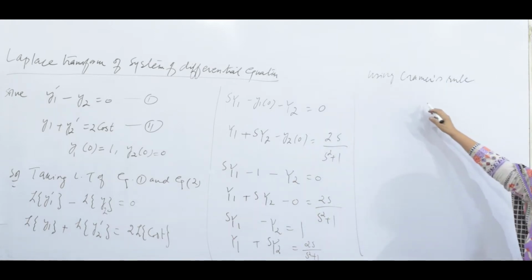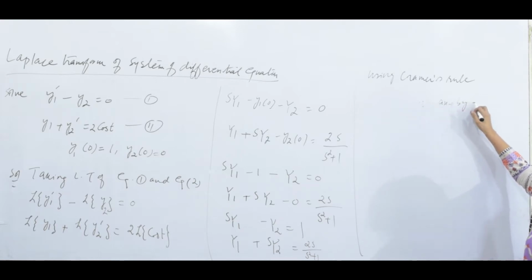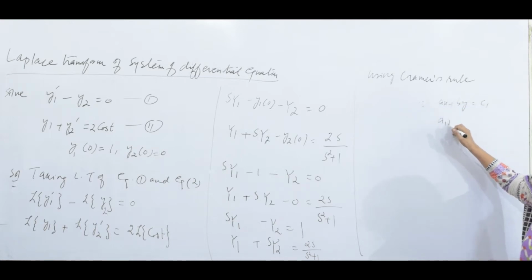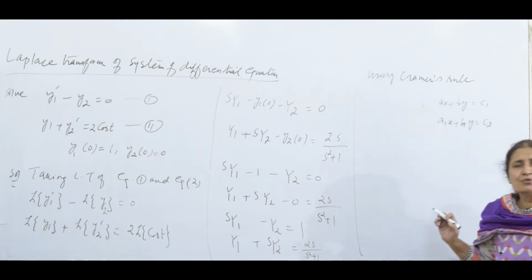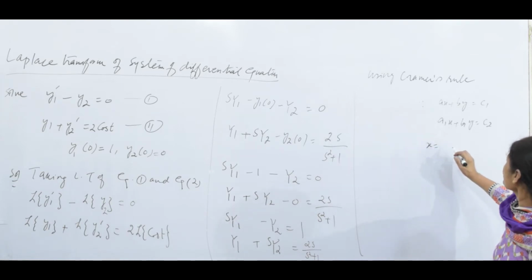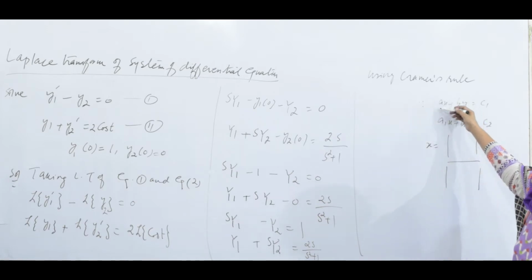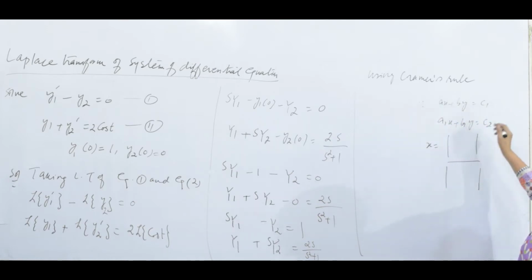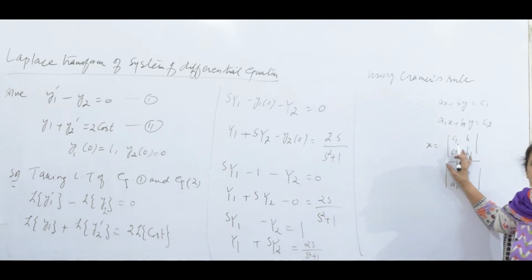In Cramer's rule, I have the idea: ax plus by is equal to c1, a1x plus b1y is equal to c2. If I am using Cramer's rule for a linear system of equations, x is found by replacing the coefficient of x by the right hand side, c1, c2, with b, b1, and a, b, a1, b1 in the denominator. These are 2 by 2 determinants.